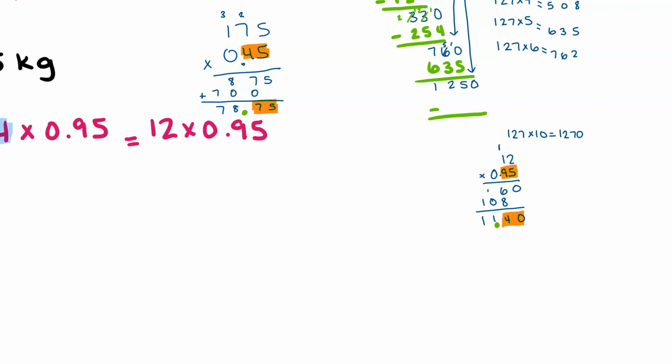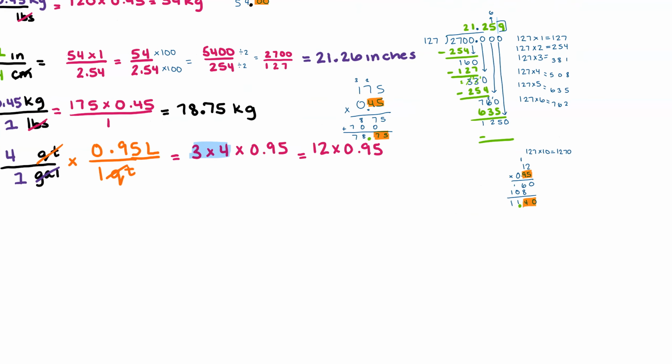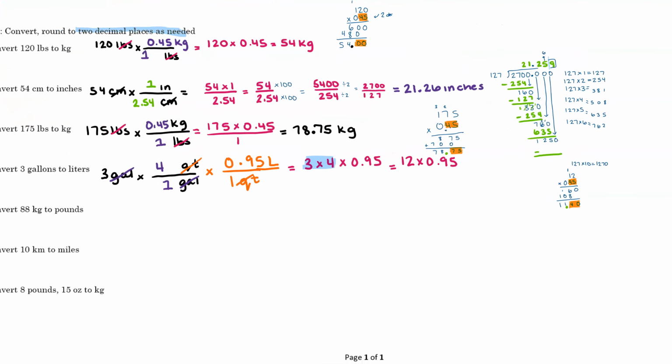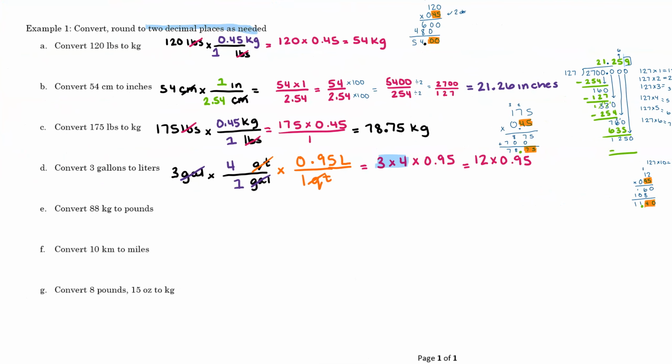So my decimal will go right here, and I can have my answer, 11.40. So 3 gallons is about 11.40 liters.